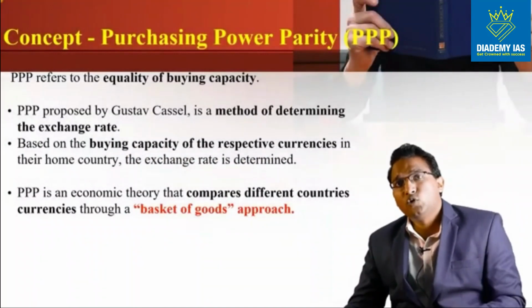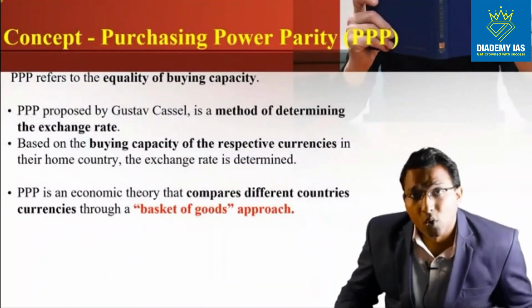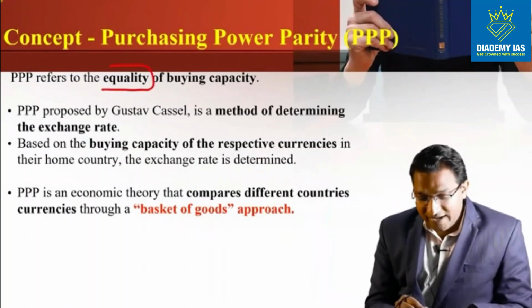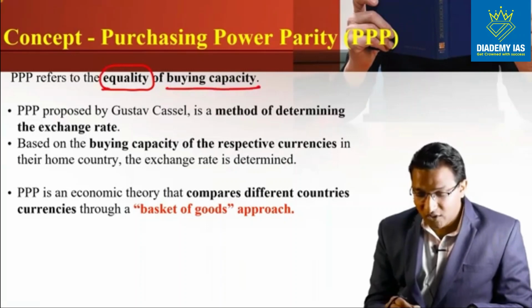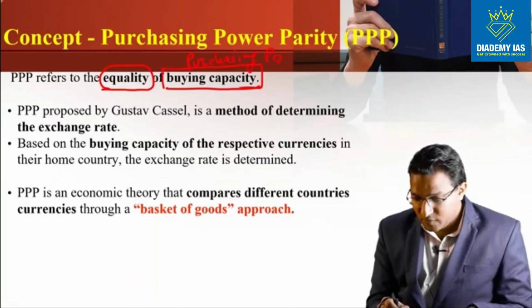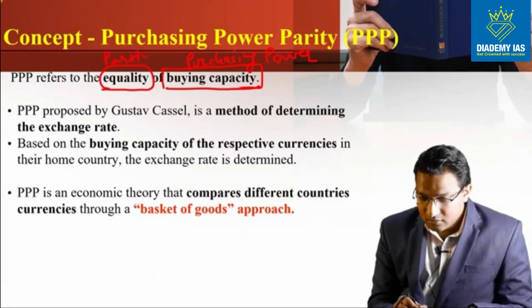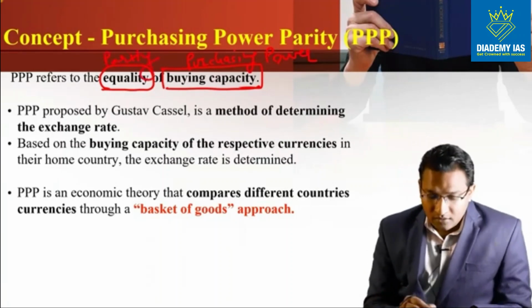Little more theory to make things more clear to you. So PPP refers to the equality of buying capacity, right? So we are always talking about the buying capacity, the purchasing power. So buying capacity means purchasing power, and equality means parity, right?